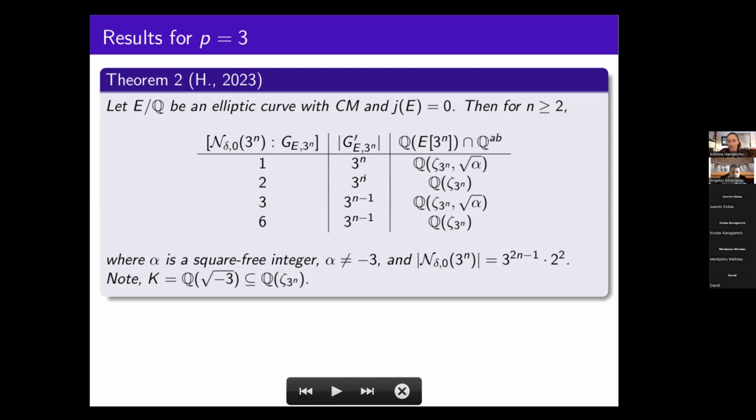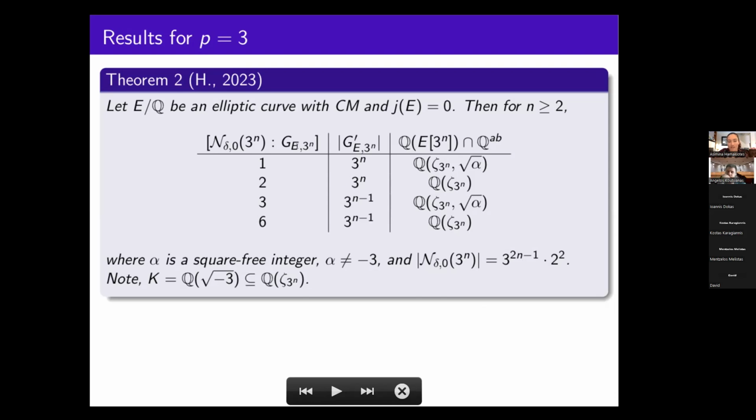If it's 2, we also get 3 to the n, but we get Q adjoin just the roots of unity. And then similarly for 3 and 6, the commutator subgroups have the same size, but the maximal abelian extensions are different. Here, alpha is a square-free integer that's not -3, and this is the size of the normalizer. In case anybody wanted to actually do some of this math themselves, you can check.